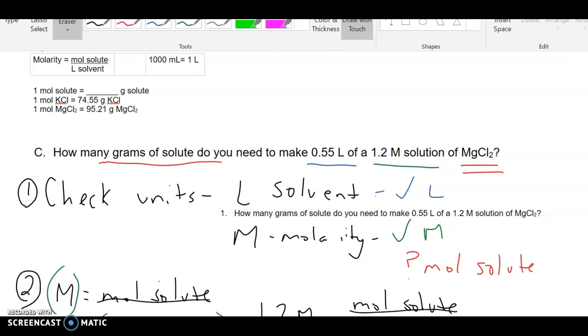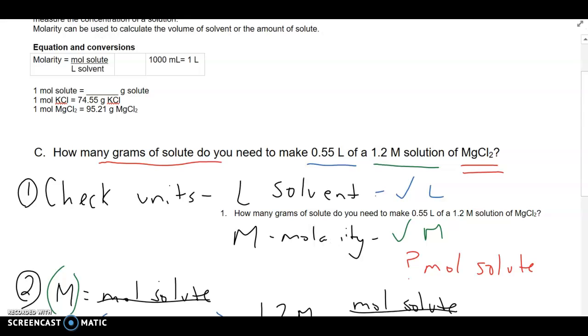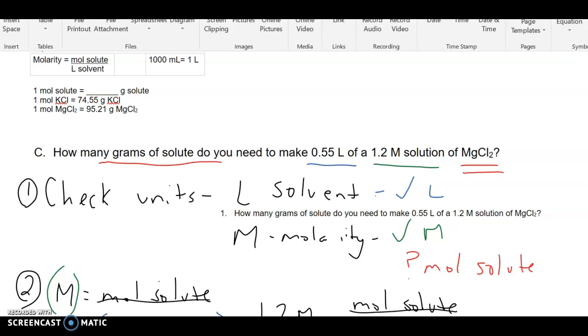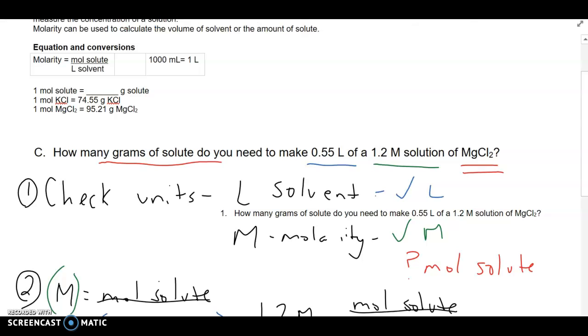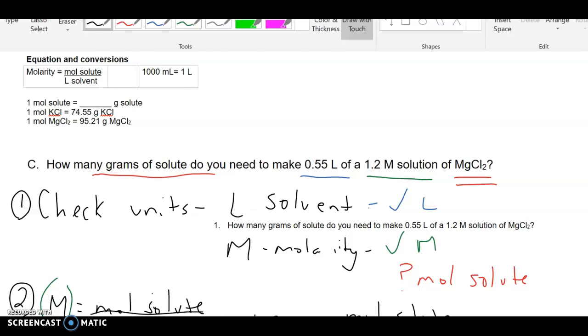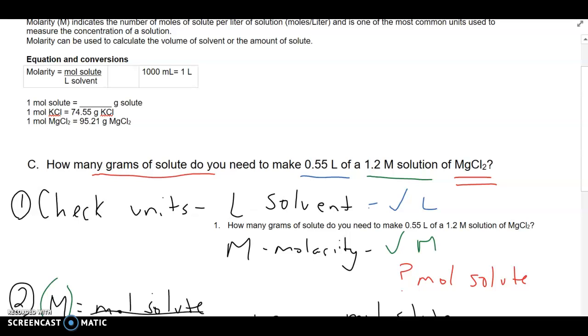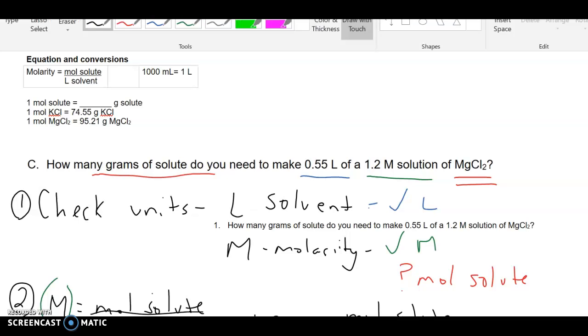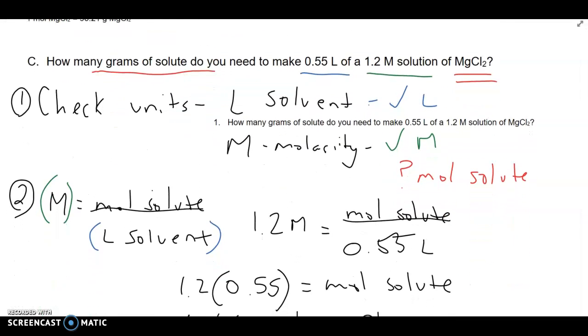We have how many grams of solute, so we're looking for solute. We're given our concentration of 1.2 molar. We have our 0.55 liters of solvent.